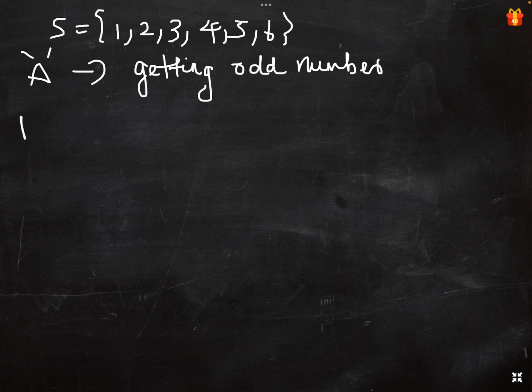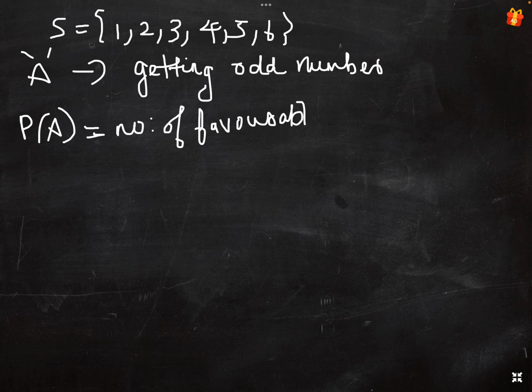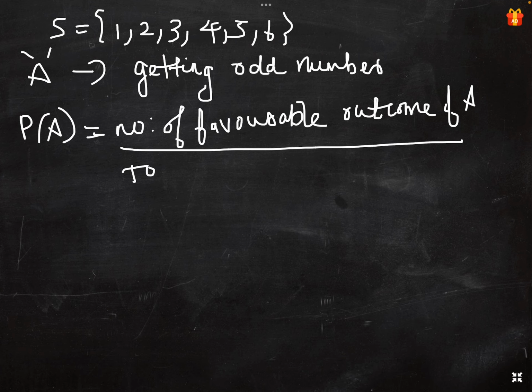Then the probability of A is equal to the number of favorable outcomes of A divided by the total number of possible outcomes.